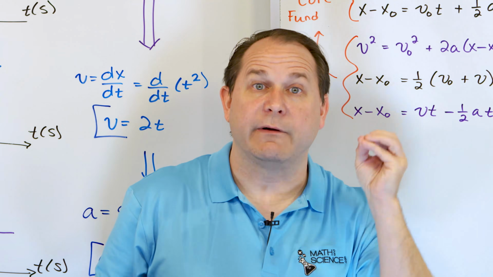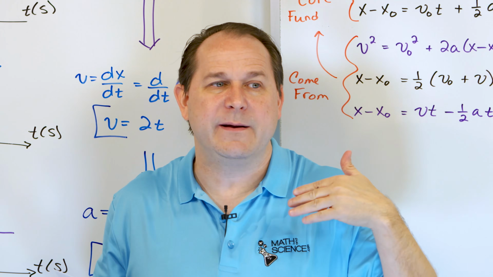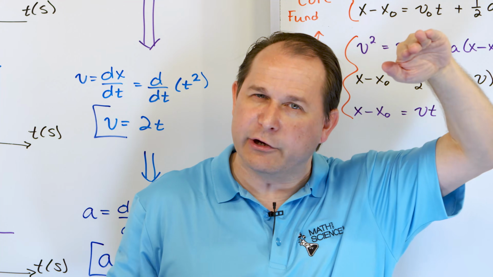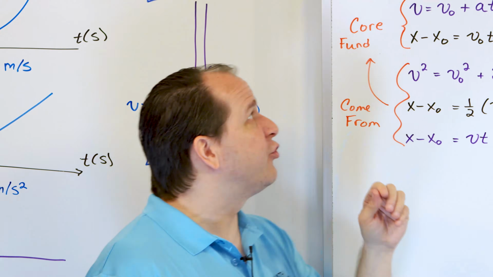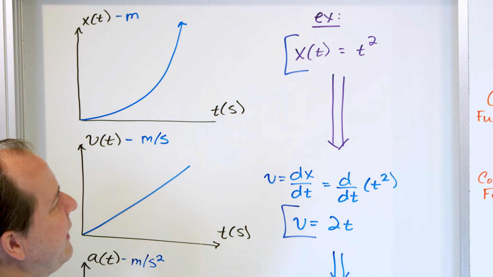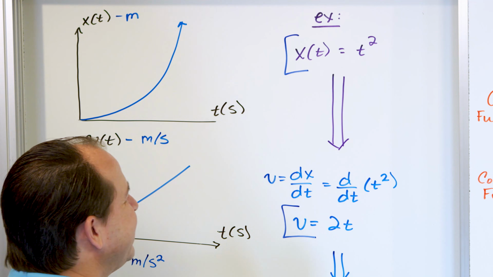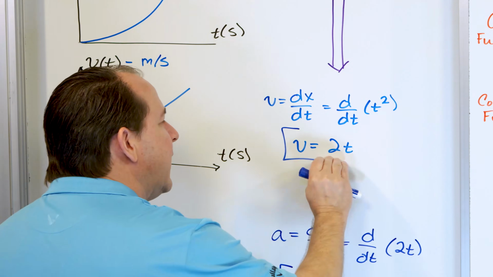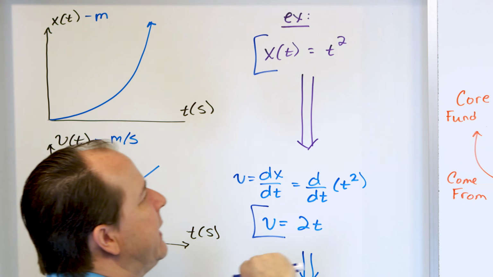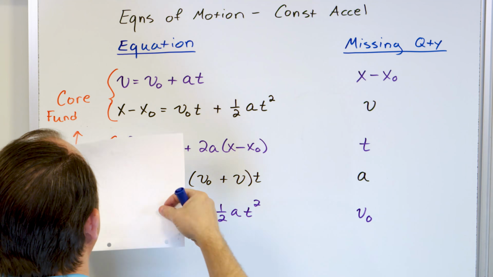When the acceleration is constant, it implies a velocity that's increasing linearly with time, which implies that the position is increasing with some sort of quadratic nature. So let's look at this. What we're saying is that when the acceleration is constant, the velocity is some kind of line. These are the core equations.